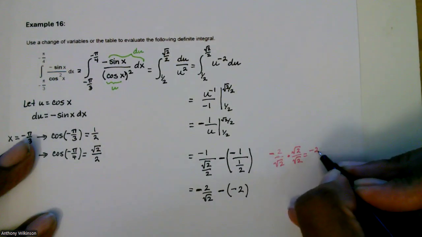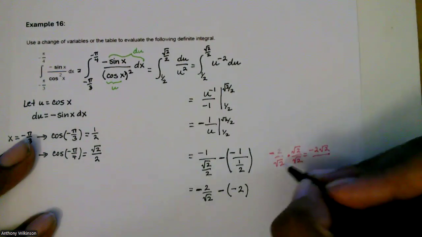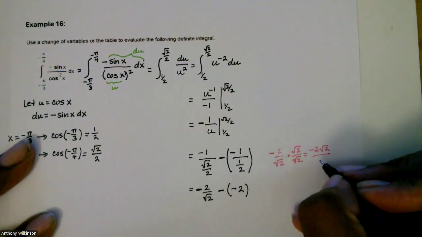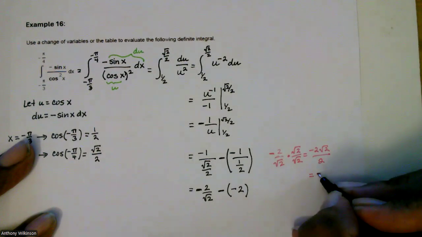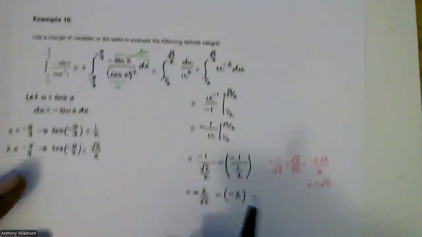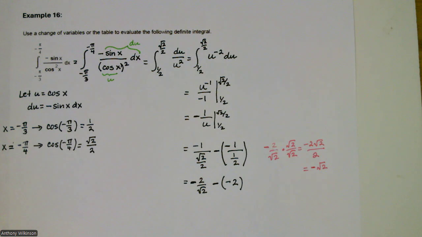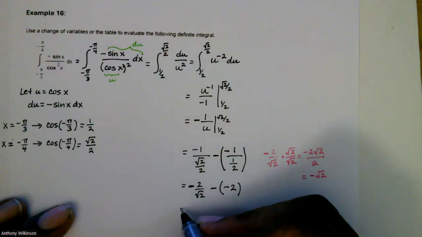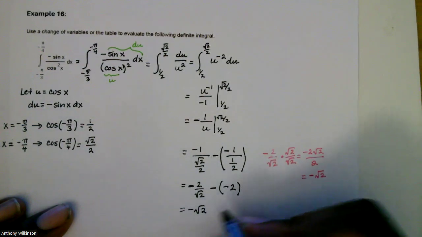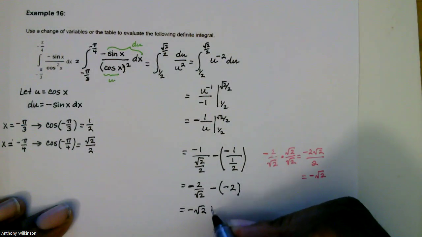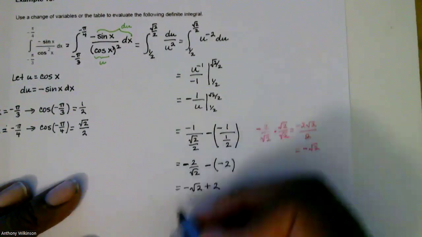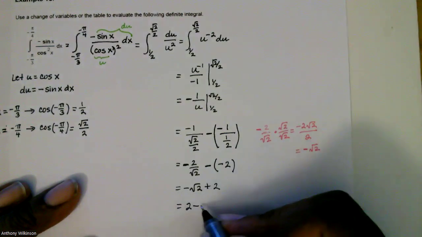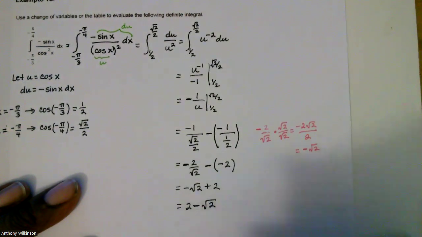So I have negative 2 square root of 2 over the square root of 2 times itself, which is just 2. If I divide this out, it's negative square root of 2. Minus a negative 2 will be plus 2. So it'll be negative square root of 2 plus 2. We can just write that as 2 minus the square root of 2.